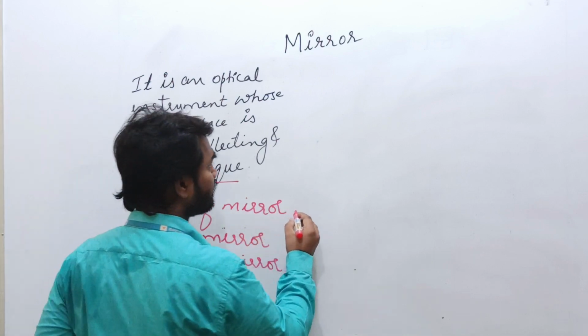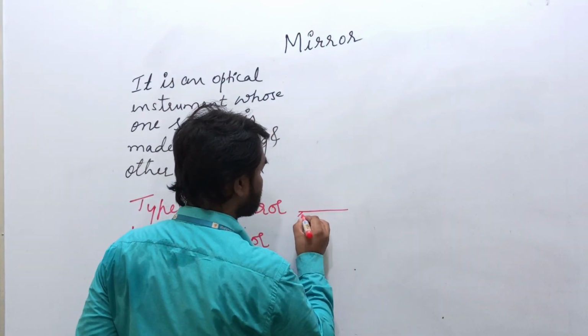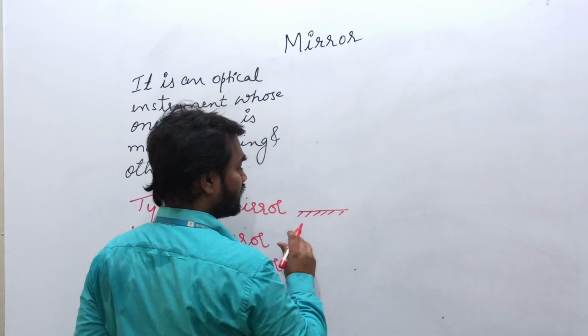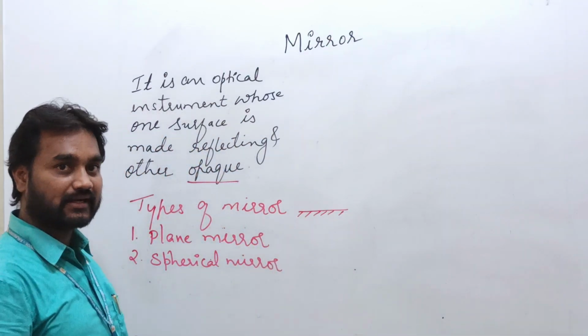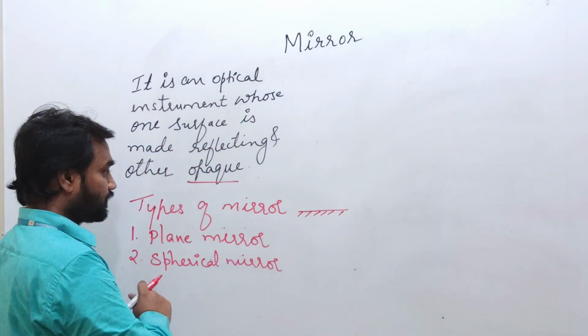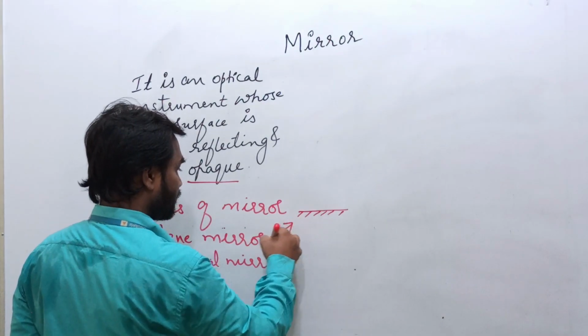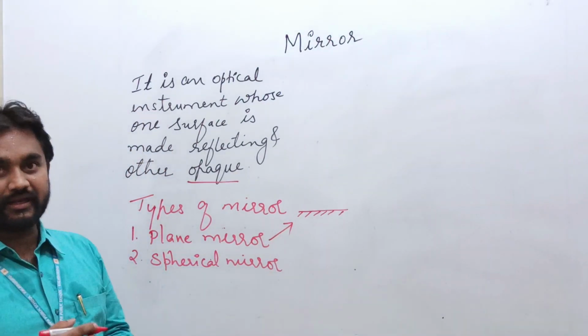If I have to show it, I can draw it like this: the reflecting surface is flat here. Then, what is a spherical mirror?